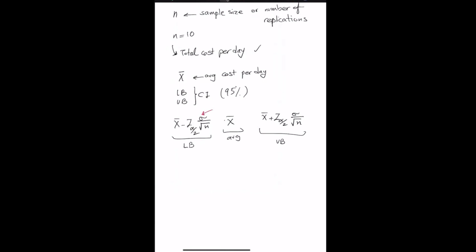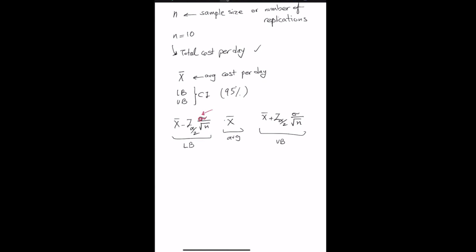What is the population here? If I had the possibility to look at the performance of this call center across all days in which it has worked, sigma would be the standard deviation of the daily cost across all those days.